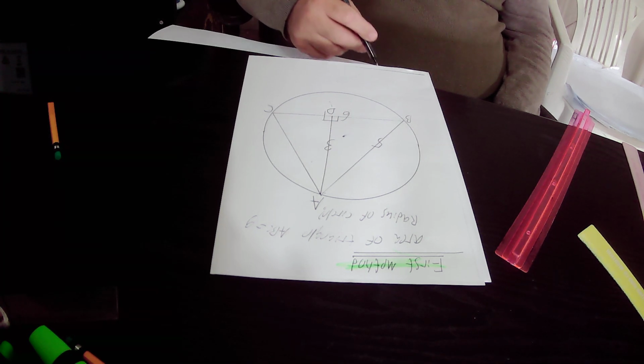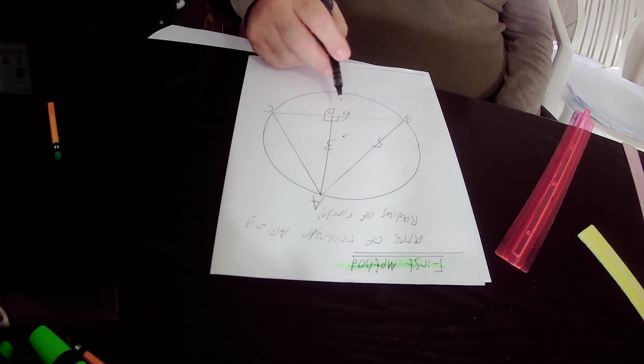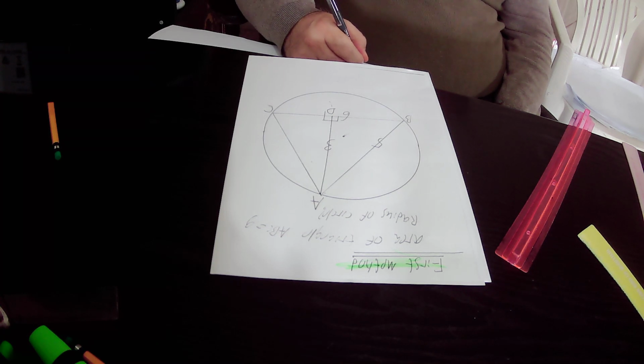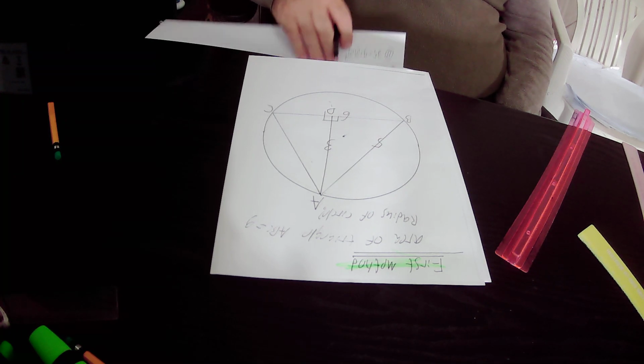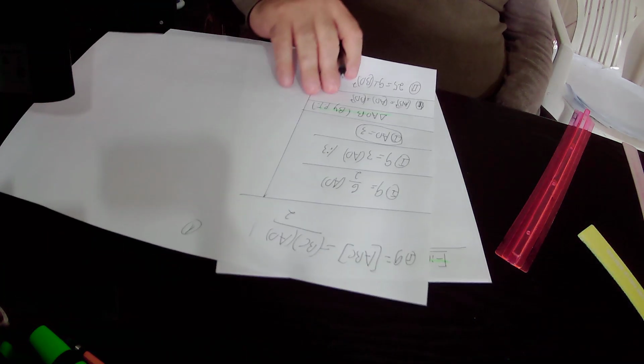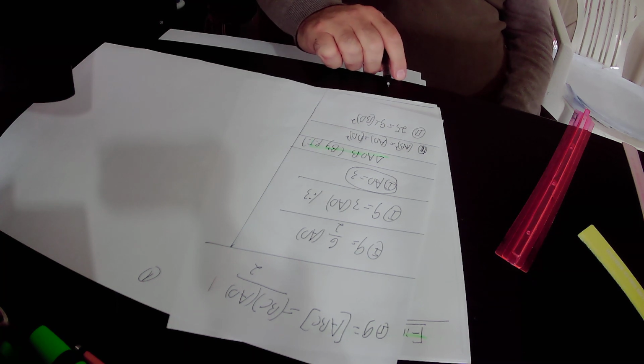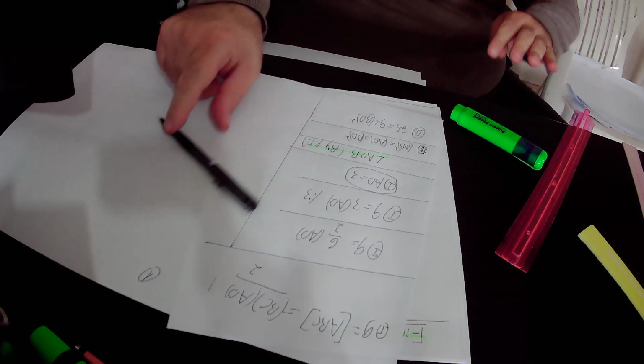That is equal to AD squared. AD is 3, so AD squared is 3 squared, that is 9, plus BD squared. So according to equation number 2, we found out that 25 equals 9 plus BD squared.